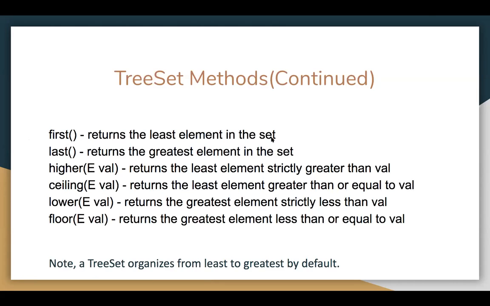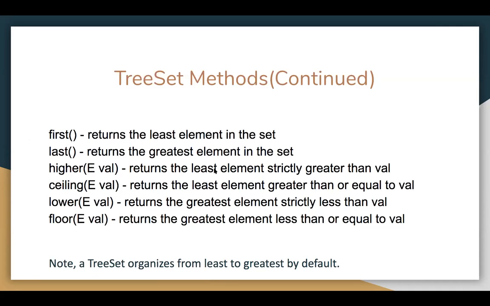Since a tree set has an order, there's always going to be a least element, the first element, basically. So it returns the very first element in the set. Last returns the greatest element in the set, or the last one in the set. Higher, and then you have a value.